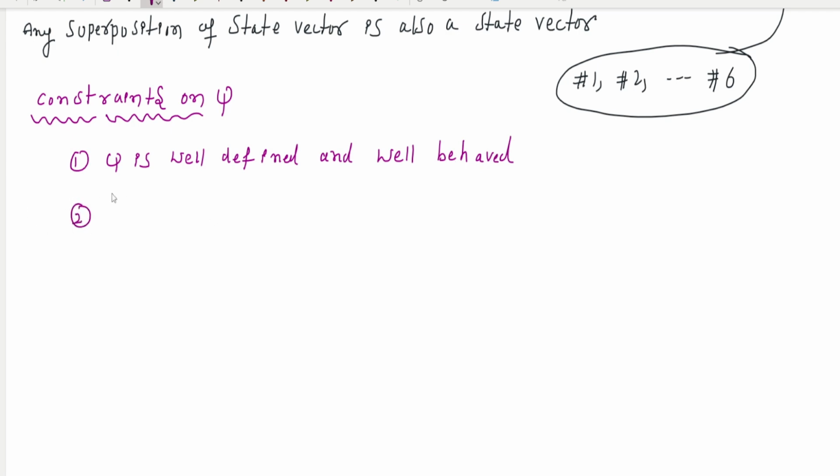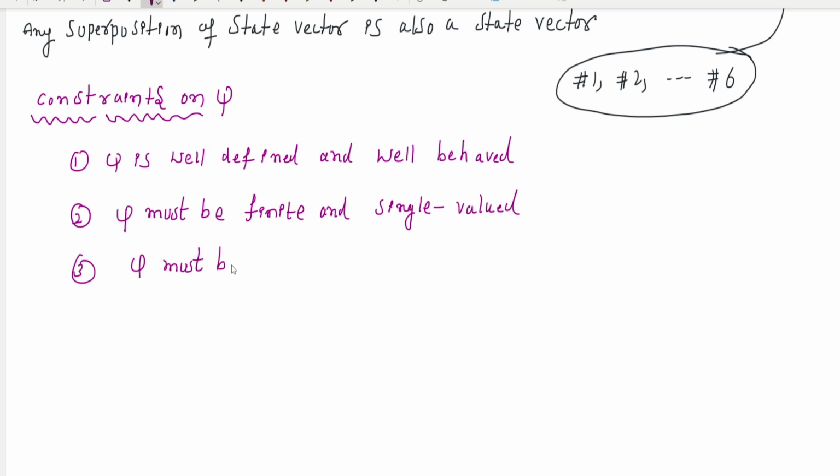The second constraint is that the wave function must be finite and single valued. Third constraint, psi must be continuous.